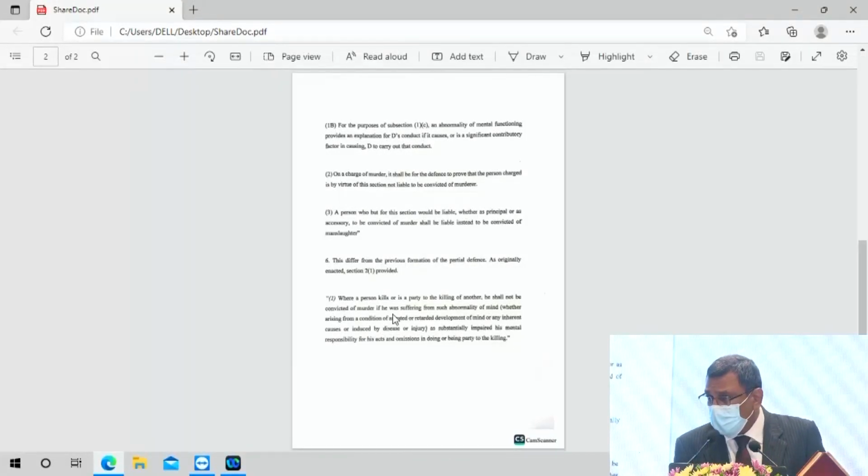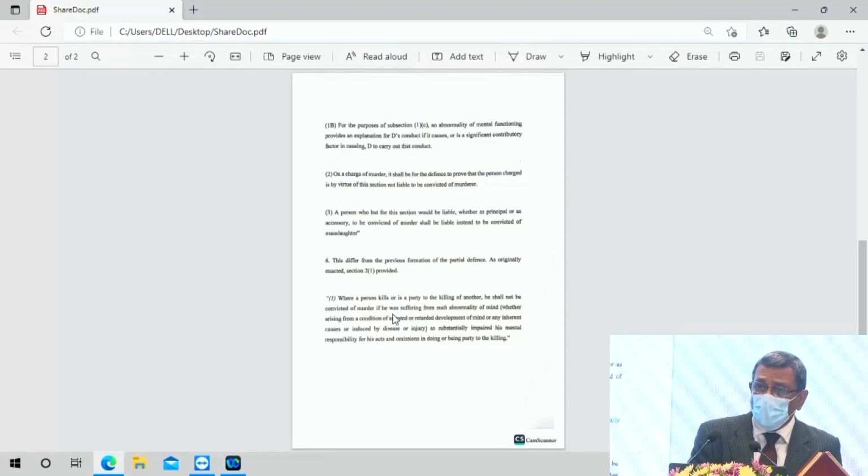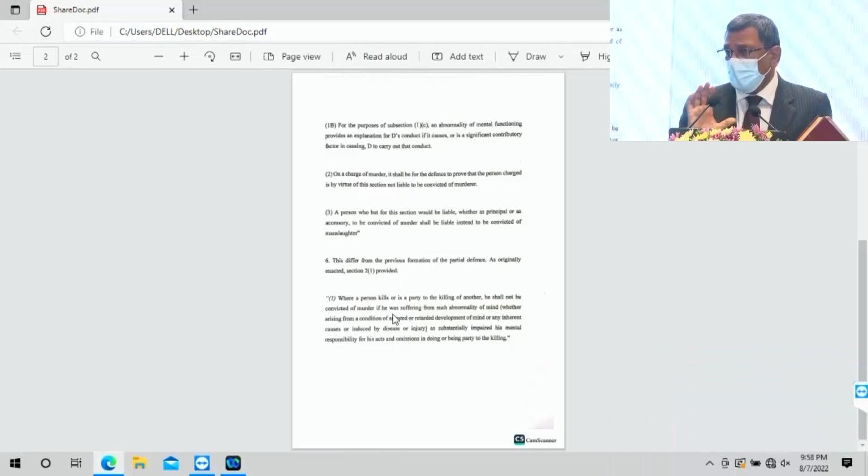I hope you all understand what it means by that. The plain reading of the law would make it clear what it means basically by this law which deals with diminished responsibility.